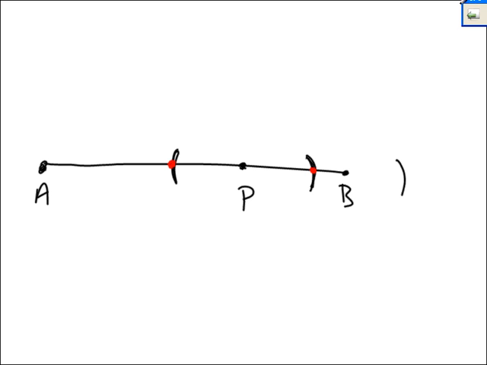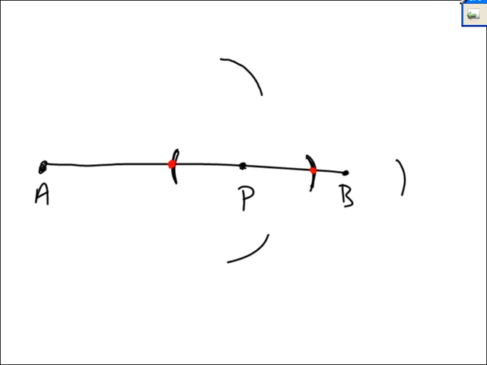Go to the left red mark, put the compass needle at the red mark, open it up long enough so when you draw an arc above the line, it will be above P, and do the same below. Now, don't adjust the opening, keep the same opening.